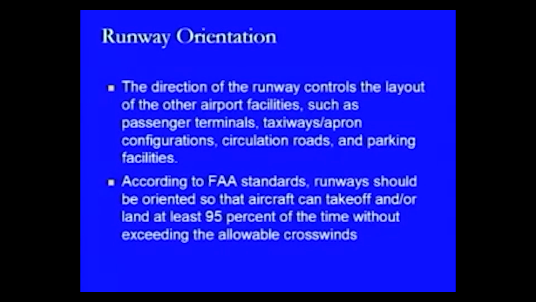So, if there are crosswinds at any airport, which mostly there are, then as per the FAA standard, for 95% of the time period the aircraft should be able to take off or land without the effect of the allowable crosswinds. That is the orientation which needs to be taken care of, and this becomes the principle behind the orientation of any runway strip.